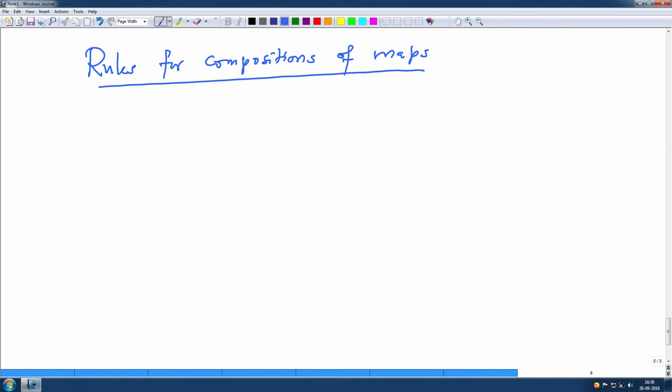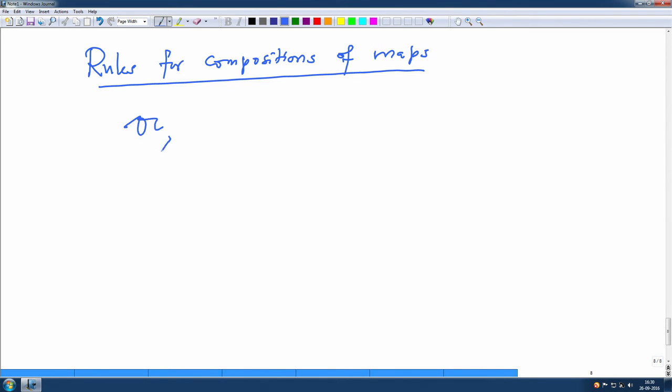To check these rules, you just have to apply them to the linear maps defined by those matrices instead of the matrices. For example, I want to write the following rules. It will be very easy to check them, so I am not going to check these rules.